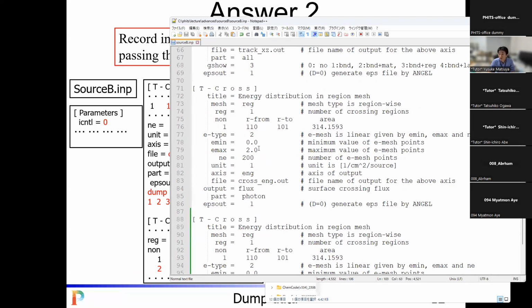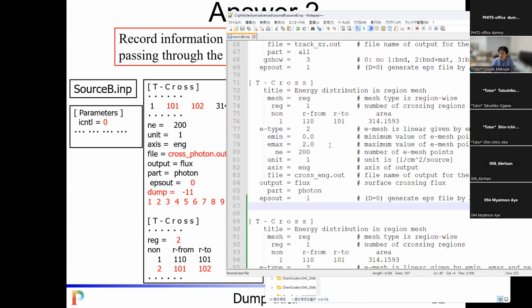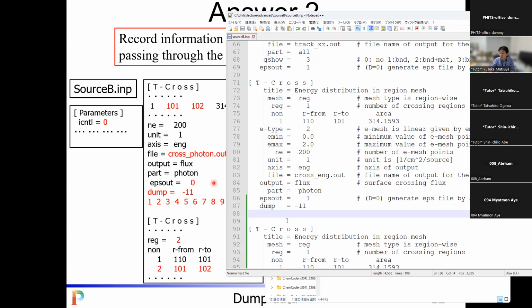A little bit complicated. So I have to add the dump parameters here. Dump equals -11, and in this line 1, 2, 3, 4, 5, 6, 7, 8, 9, and 18, 19.